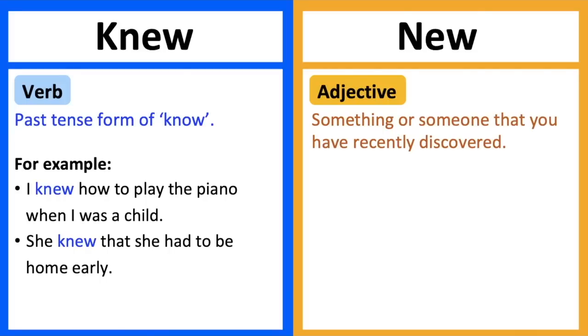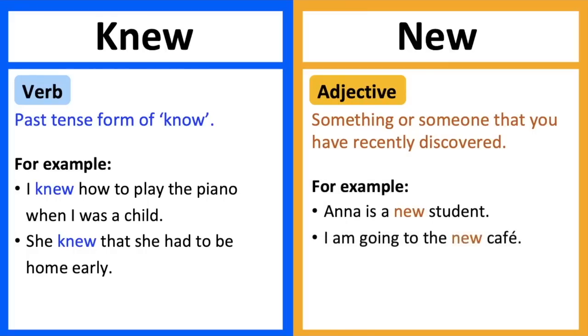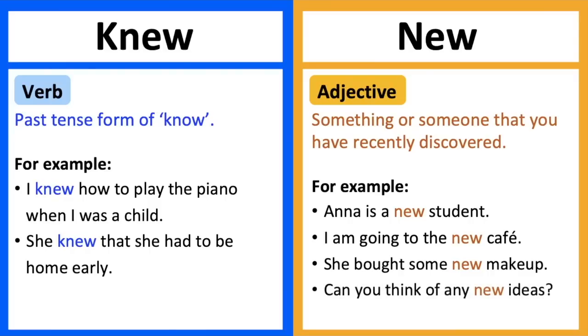We know that adjectives describe nouns, so this can be a person, place, thing, or idea. Now let's go through an example of each. Anna is a new student. I am going to the new cafe. She bought some new makeup. Can you think of any new ideas?